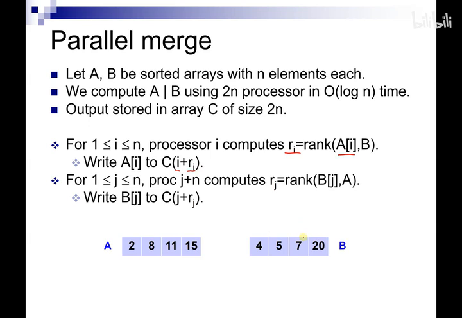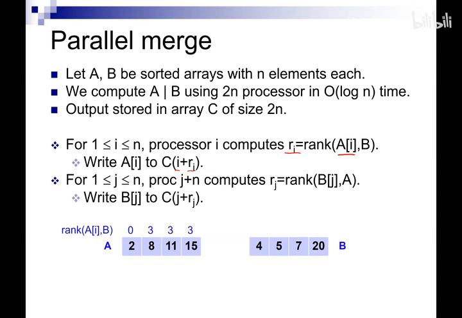The jth processor handles the jth B value, and it computes the rank of B[j] in B, which is just j, and the rank of B[j] in A, which it does using binary search. Then we know that the final position that the jth value should go to is j plus r of j.